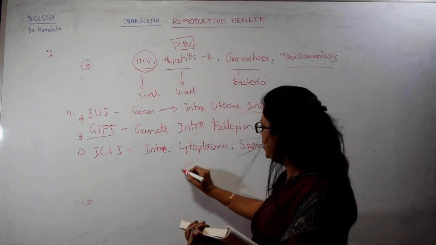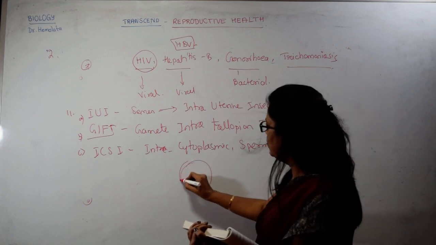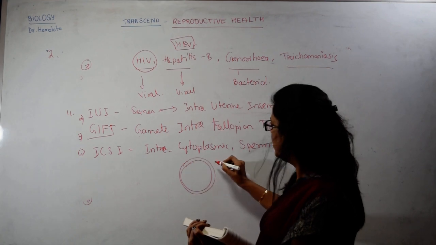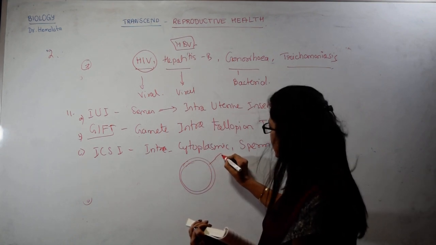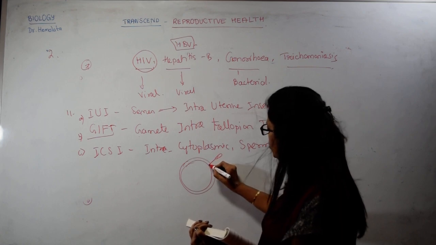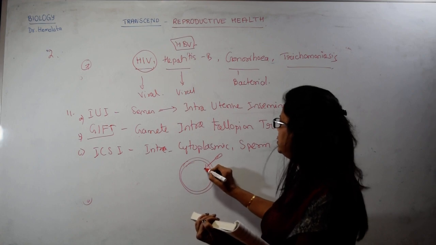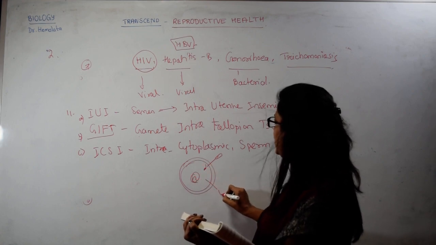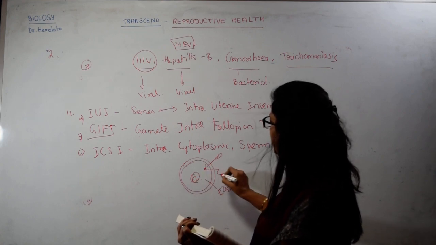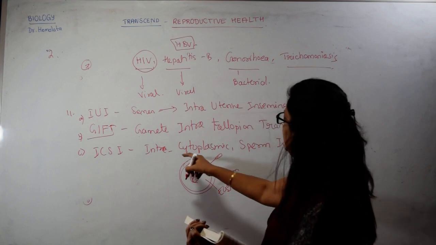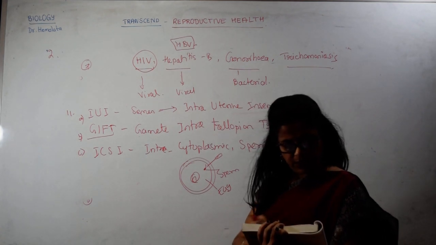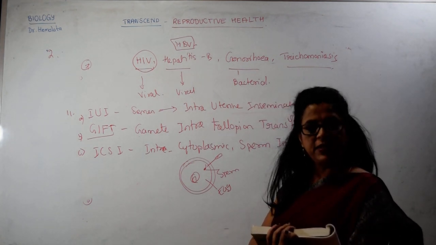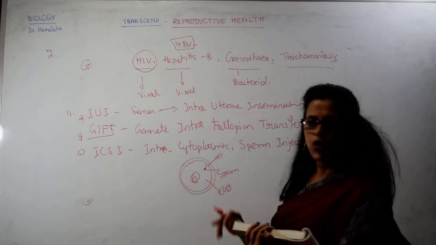The egg has the zona pellucida and this membrane. They take the sperm in a syringe and transfer it directly into the cytoplasm. This is the egg, and this is the sperm. This is called intracytoplasmic sperm injection. This is correct. They said sperm directly injected into the ovum, which is the right option.